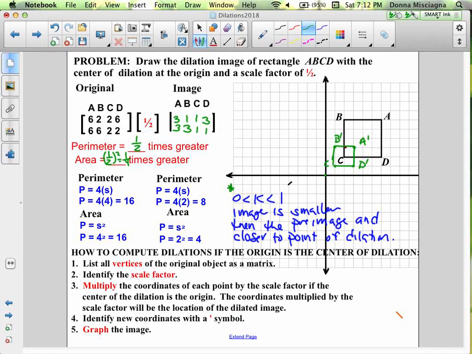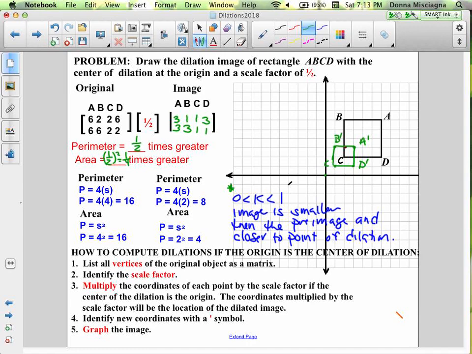Notice it is half as much. On the original, since our sides were 4, the area was 4 squared, so it was 16. On the image, each of our sides is 2, and so 2 squared, or 2 times 2, is only 4. So notice that the perimeter is half as much, but the area is 1/4 as much.